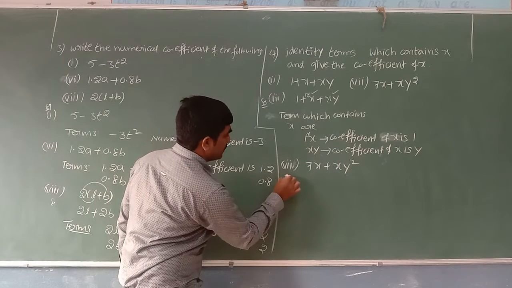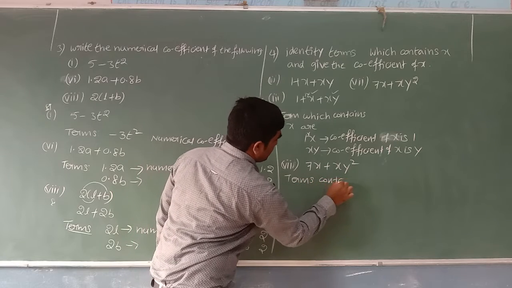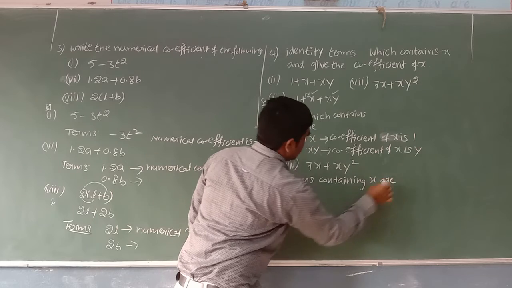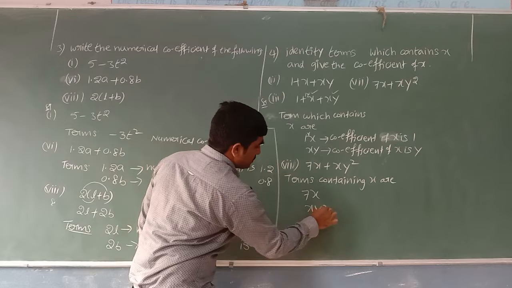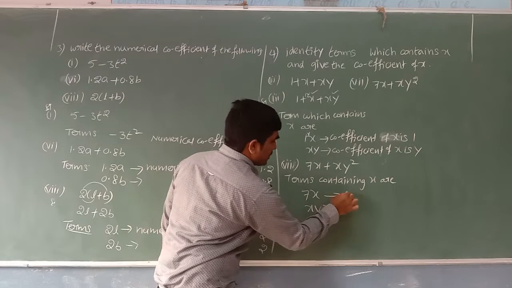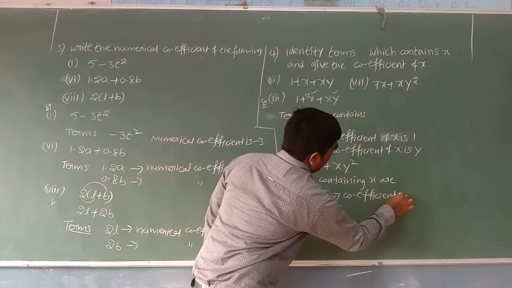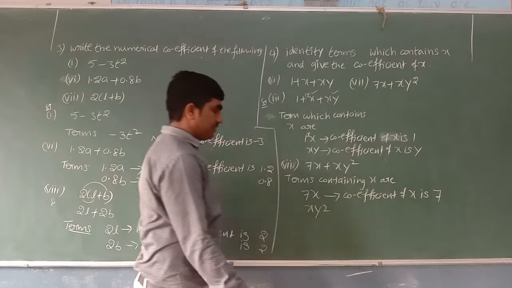Now we'll write terms containing x are 7x. We have x term, even xy square also we can say x. Now in this 7x, we need to write the coefficient of x, which is 7.